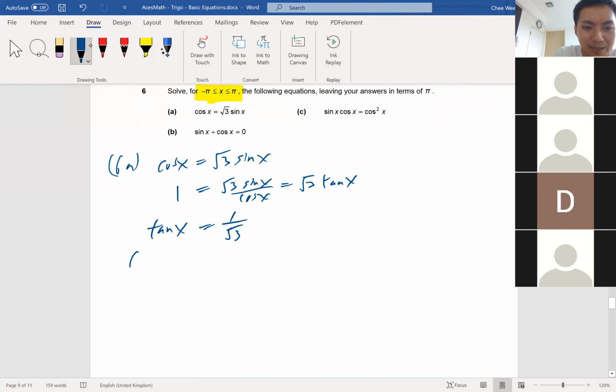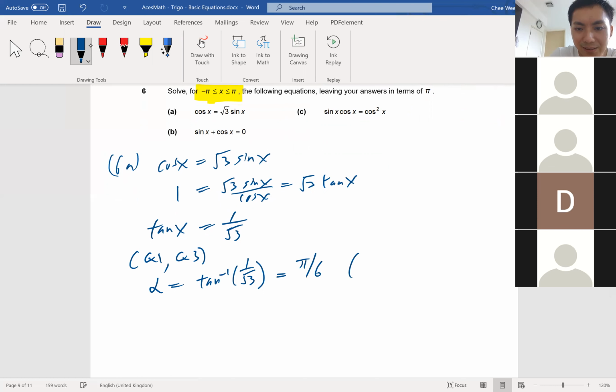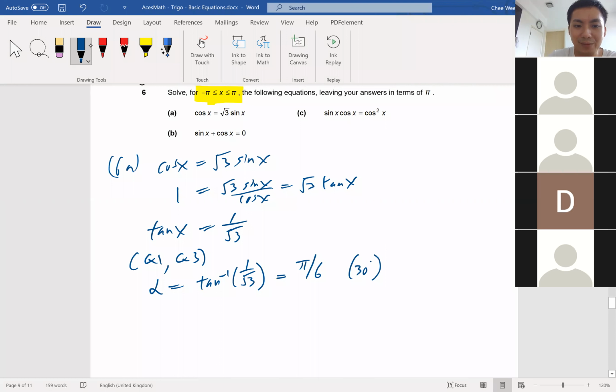Which means that we are looking at Q1 and Q3 because tangent is positive. And alpha is equal to arctan of 1 over square root 3, which will actually give you pi by 6. 30 degrees, FYI, okay? Now, with this, David, try to finish up the question for me. So it's pi.